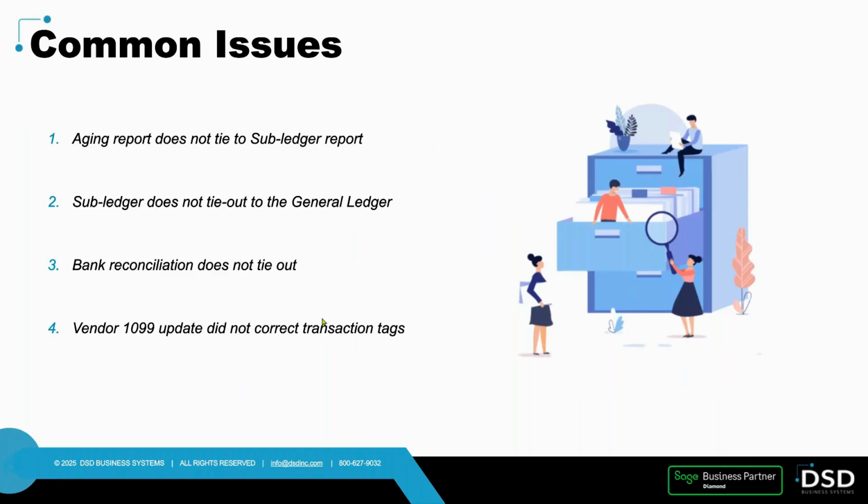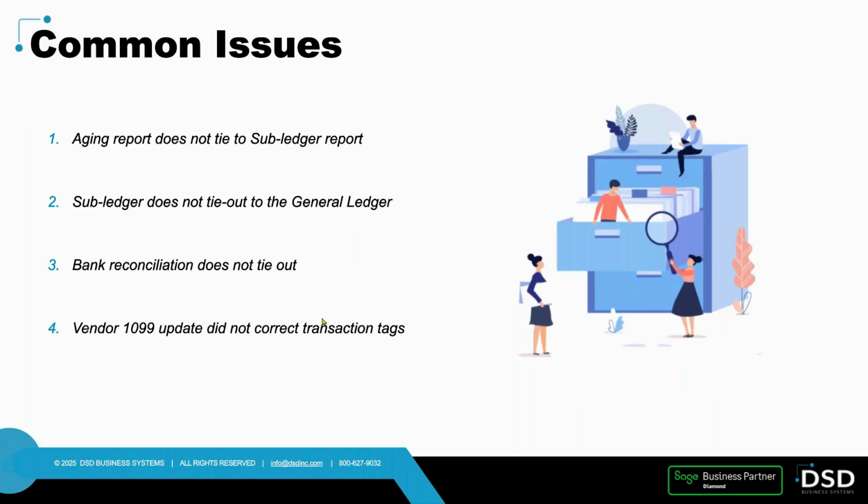The next is the subledger does not tie out to the general ledger. The common causes could be that only transactions made in the subledger will be present in both the subledger and the GL reports. There's likely a manual GL activity on that subledger control account that's creating some type of discrepancy.